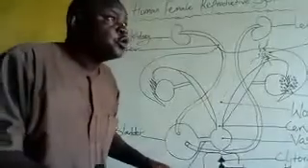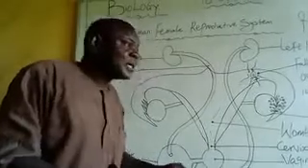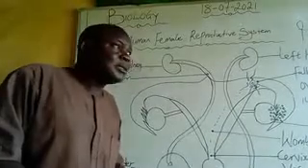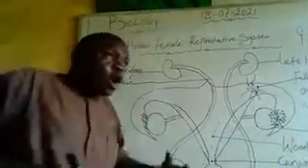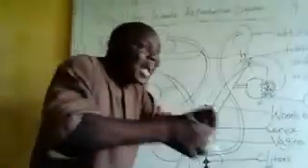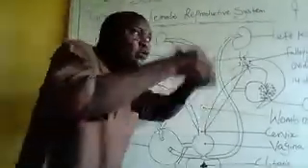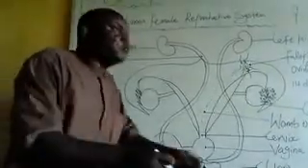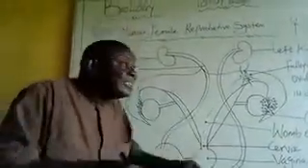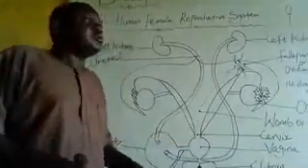Hymen could be removed through sexual and non-sexual activities. Non-sexual activities like riding of bicycle, climbing of trees, dancing, running from one place to another, and jumping could remove the hymen.